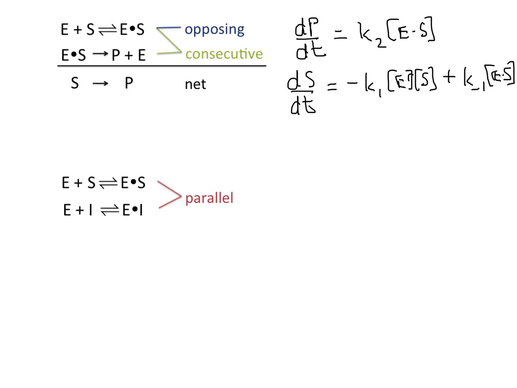In the case of the parallel reaction, if I want to write the rate of appearance or disappearance of the enzyme, let's look at the disappearance of the enzyme.